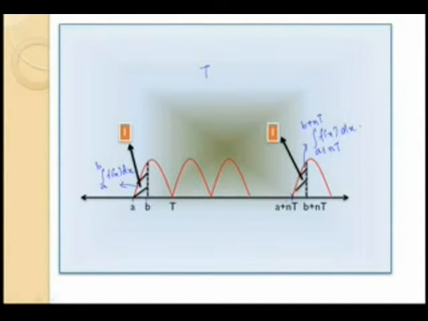So we can say that this I is equal to this I, and so integral of a plus n times t to b plus n times t f(x) dx is equal to integral of f(x) dx from a to b. Thus the condition is t is the period of f(x).